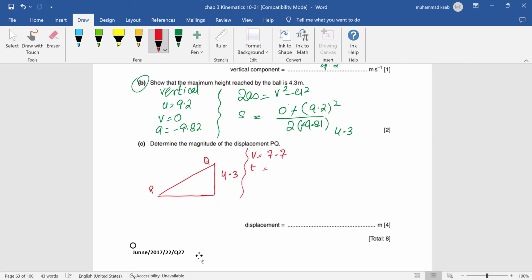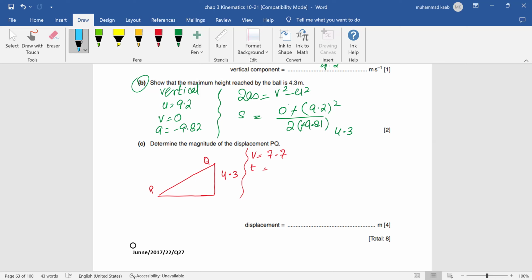For time, you can use the vertical motion and find the time to reach the maximum height. The time taken to reach the maximum height in the vertical motion should be equal to the time taken to reach that point horizontally, because the vertical and horizontal motions occur simultaneously in the same time frame.